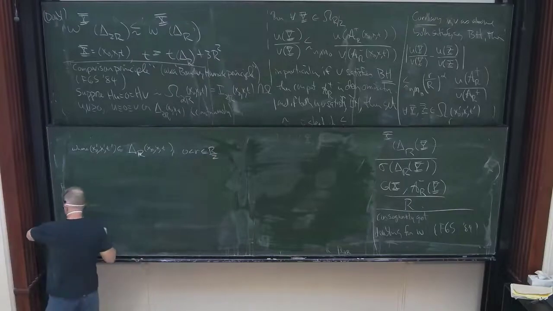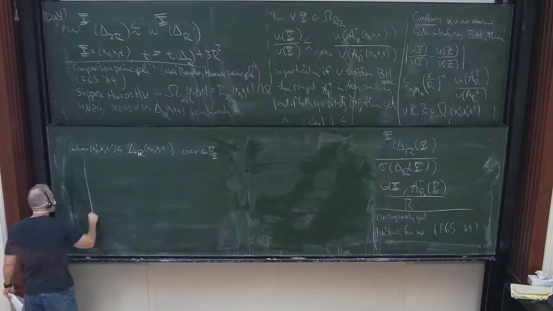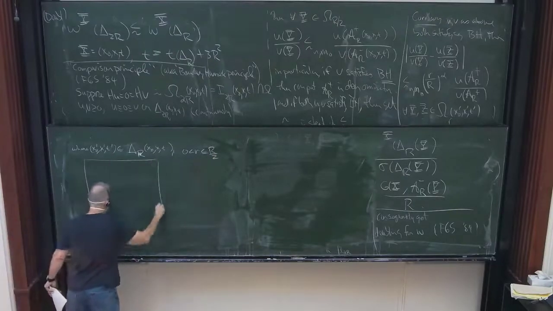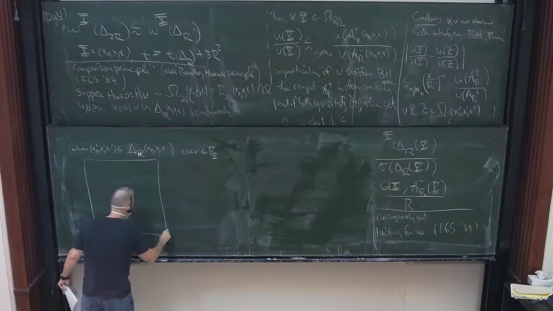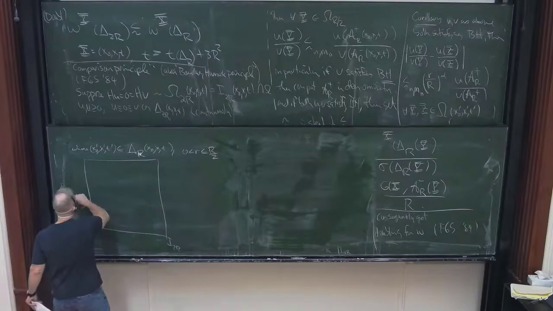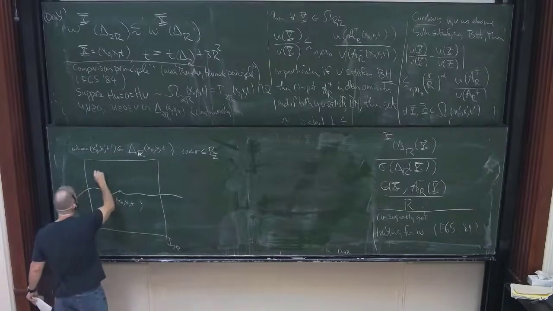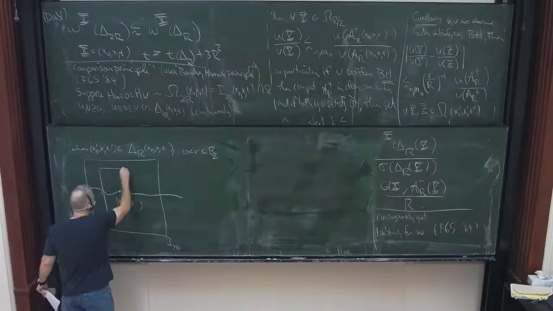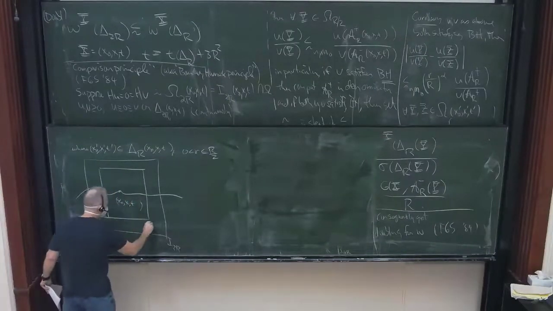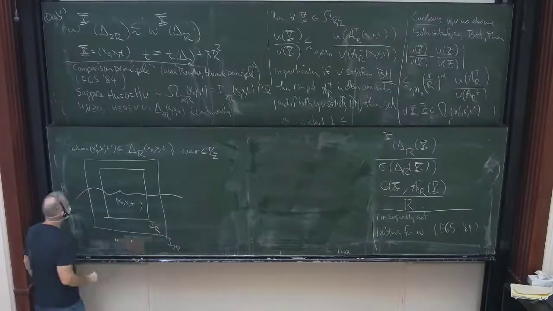So let me conclude by just drawing you a picture of what's going on here. So this is I2R. The boundary's going through here. This is the center, x naught, x, t. This is IR.